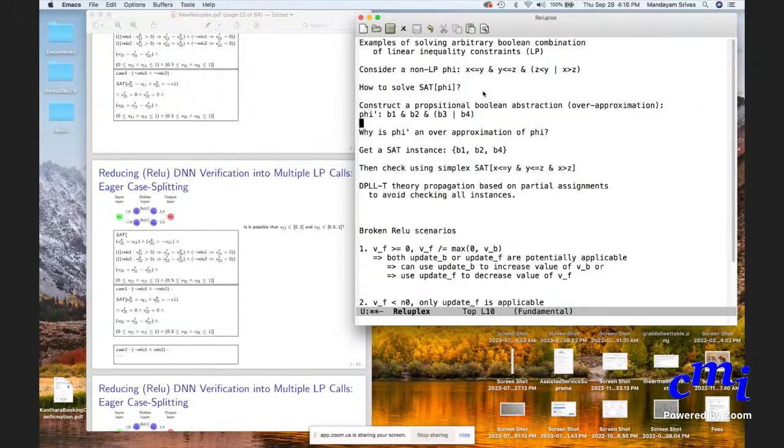So there is this concept: you can abstract this formula phi into phi prime. What have I done in phi prime?